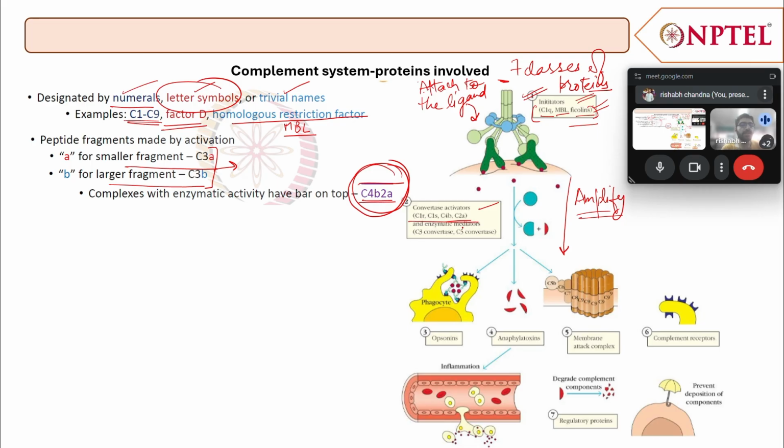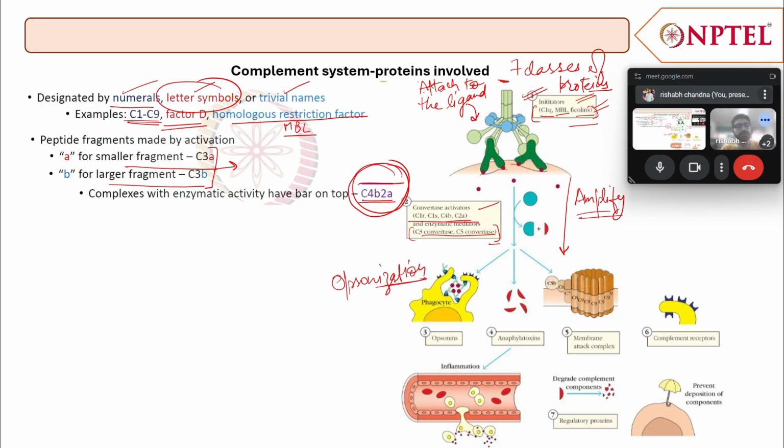The enzymatic mediators, like C3 convertase and C5 convertase, help in converting the inactive form to the active form. Then they will activate the opsonins, and this process is known as opsonization.